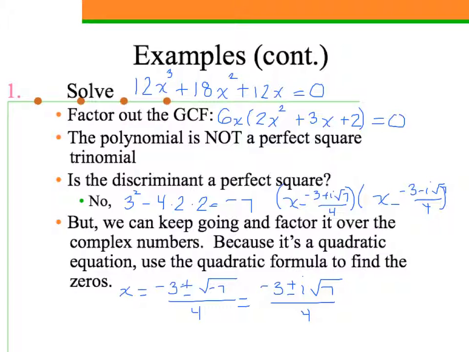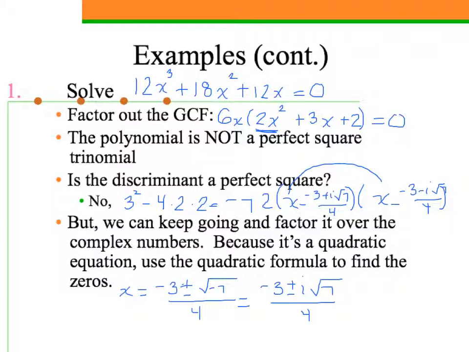Now if I FOILed this, though, that would be nasty. But I notice right away, though, x times x is x squared. My leading term is 2x squared. So what that basically means is I need to put a 2 out in front. That's a good one. You're not going to encounter many of those.